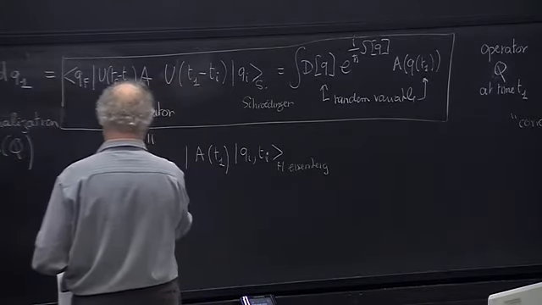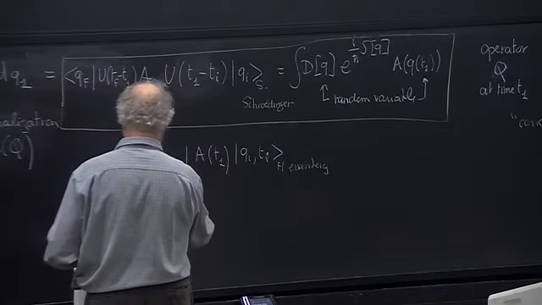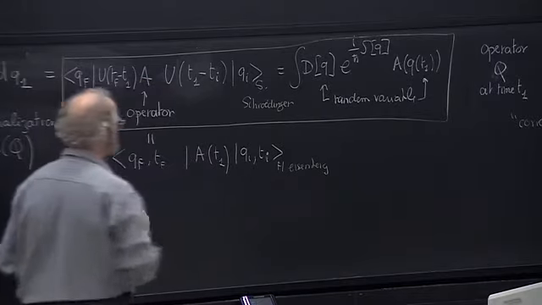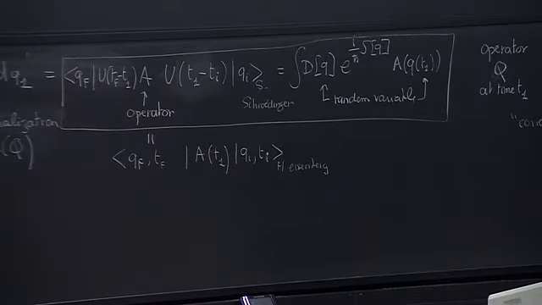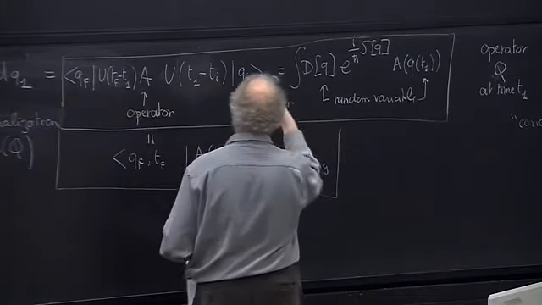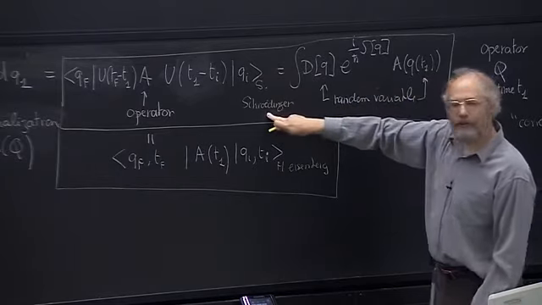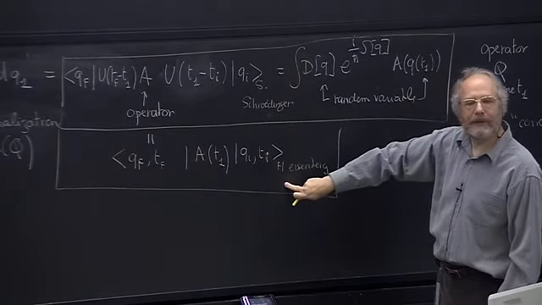And the final state is QF at time T final. So this is the same thing as this one, just two different ways to represent the same number given by the same path integral in the Schrödinger picture and the Heisenberg picture.